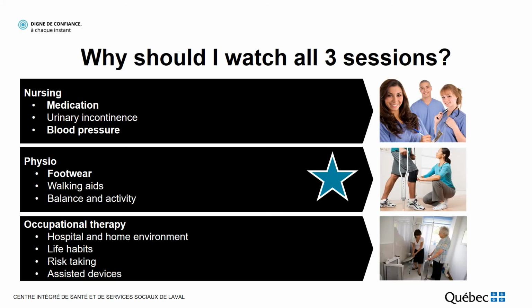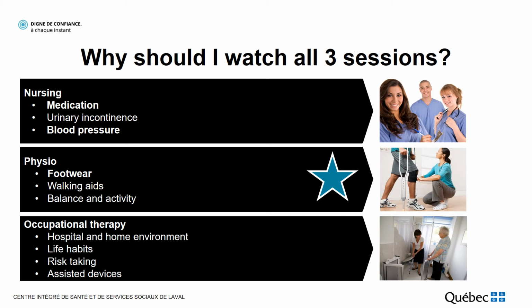But why should we watch all 3 sessions on fall prevention? Because each session approaches different subjects on the causes of falling. In nursing, you will talk about medication, urinary incontinence, and blood pressure. In physiotherapy, we will talk about footwear, walking aids, and balance and activity.